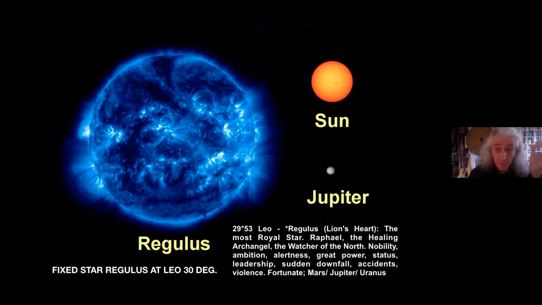Regulus associated with the lion's heart, the most royal star, Raphael, the healing archangel, watcher of the north, nobility, ambition, alertness, great power, status, leadership, sudden downfall, accidents, violence, fortunate, and somehow related then to Mars, Jupiter, Uranus.